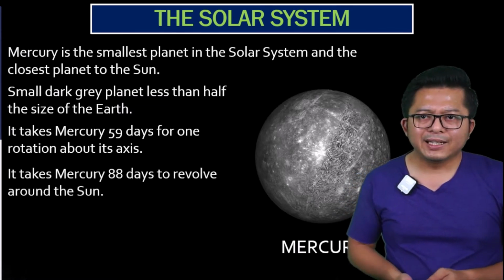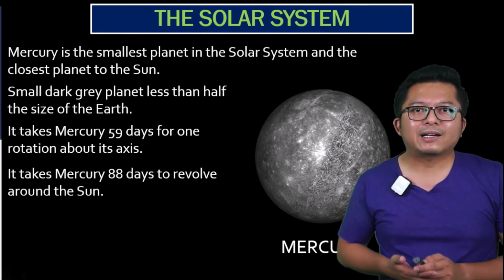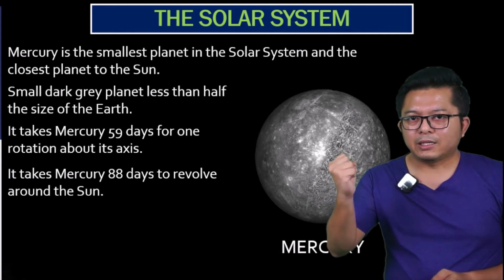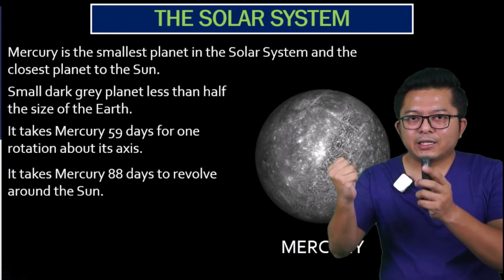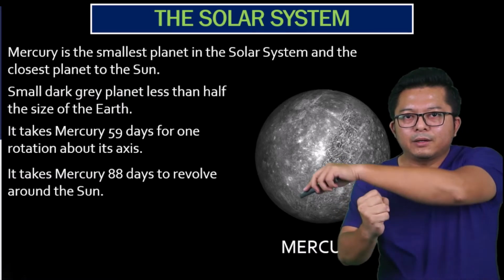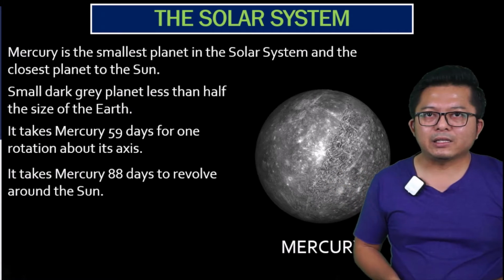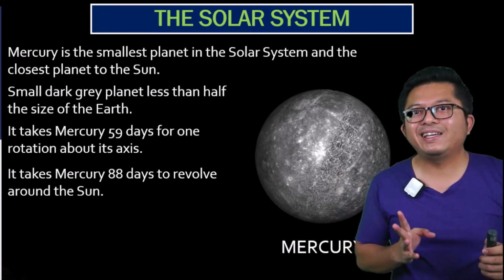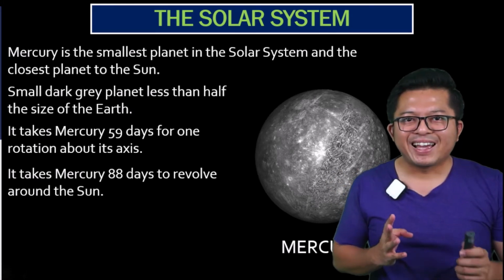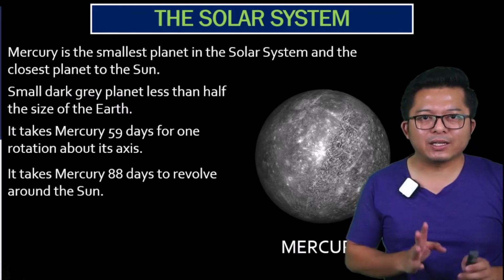It takes Mercury 88 days to revolve around the sun. Okay, this is the sun, and this is Mercury. To turn around like that, it takes 88 days. To compare with Earth, we take 365 1/4 days. So there's a difference.